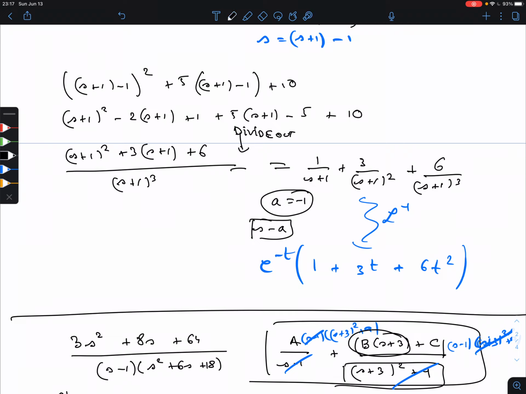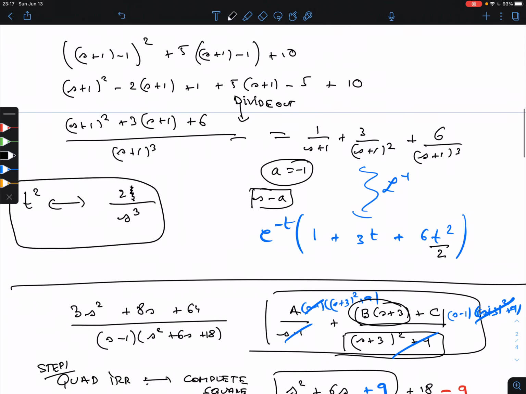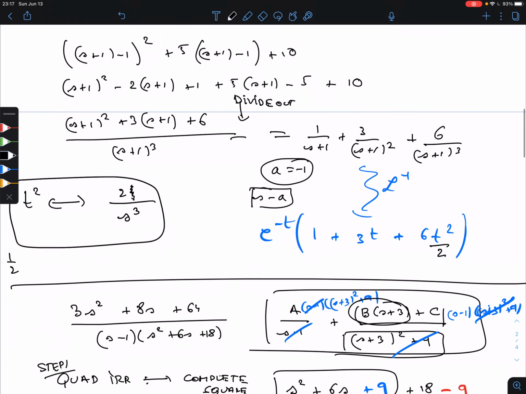I should have written it as 6t squared divided by 2. What I mean to say is that t squared corresponds to 2 factorial over s cubed. This is how Laplace transforms correspond. So 2 factorial is just 2. Since Laplace transforms are linear, we divide by 2 here, so a half t squared will correspond to 1 over s cubed. And so that's why we had to write a half here. Of course it cancels, and that would be just 3 then. But let me leave the 2 here to show you that I made a mistake.